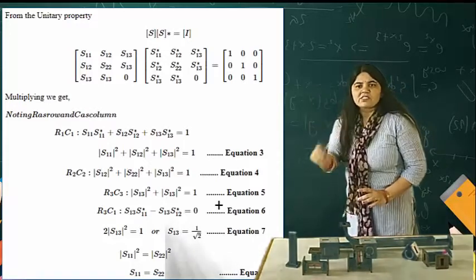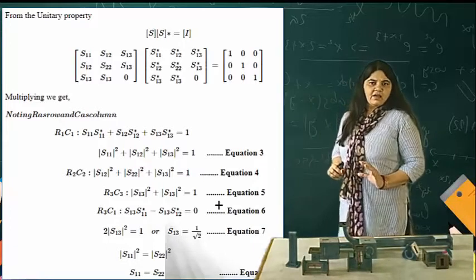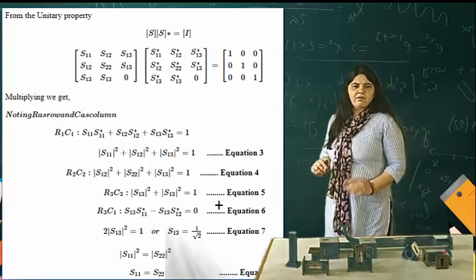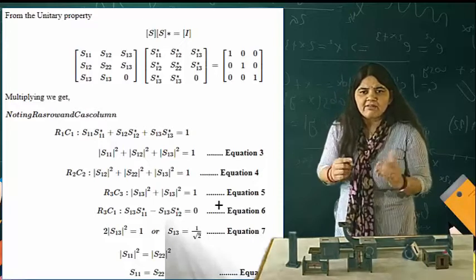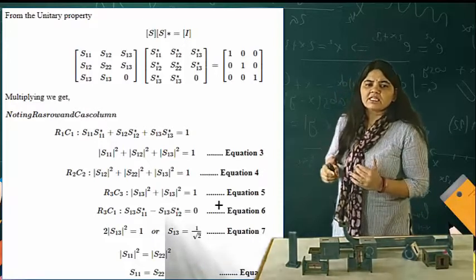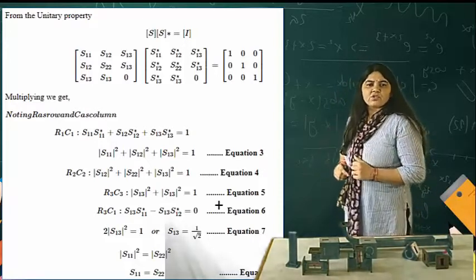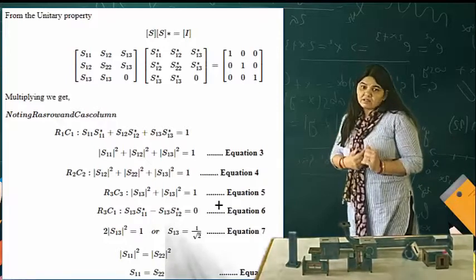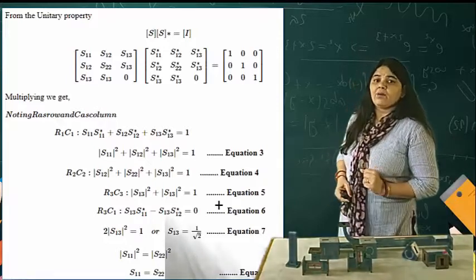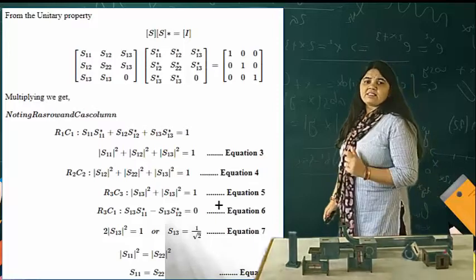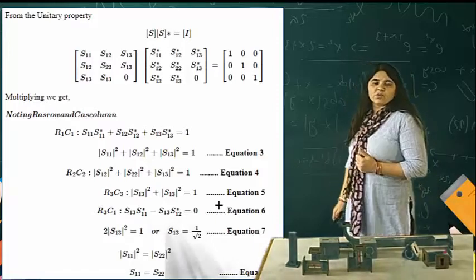First row, first column, we are taking. So this way we have the R1C1 value, the R2C2 value, and the R3C3 value. By solving all these equations, we can get the values for S11, S12, S13.